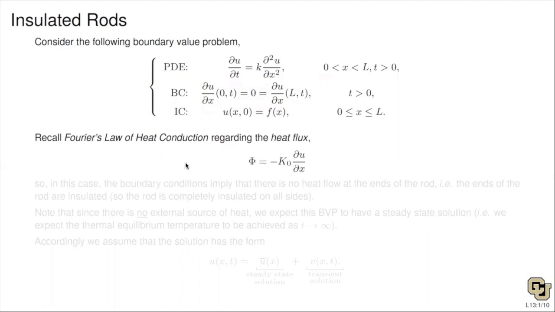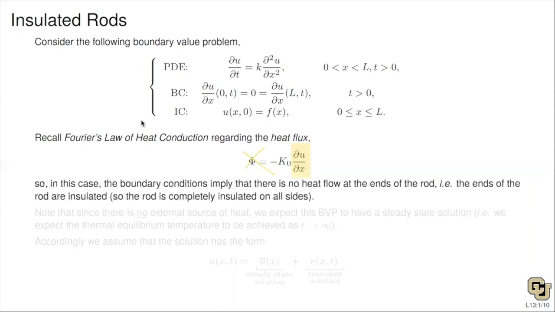Fourier's law of heat conduction, so this is good review of the concepts, right, everybody? Fourier's law of heat conduction says the heat flux is proportional to the temperature difference, with respect to the x variable, the spatial temperature difference. So here, if we make partial u partial x equal to 0, then there's no heat flux at the ends of the rod.